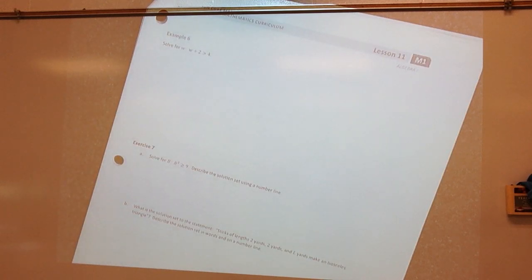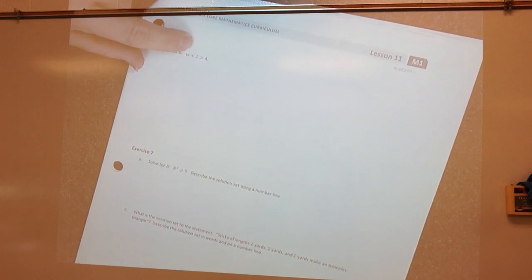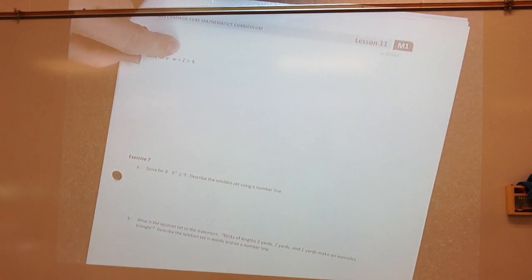Here's what you need to make sure you understand. Yes, I know that I can put 2 in there, but 2 plus 2 is 4. Is 4 greater than 4? No. So I've got to think about this. Can I put 2.1 in there? Or 2.0003 in there? And it would be greater than 4. Yes, I can.